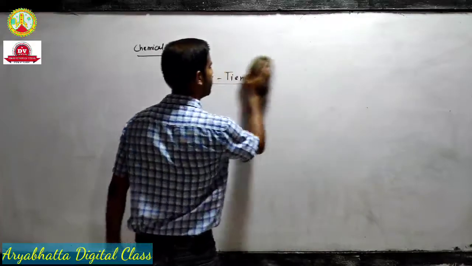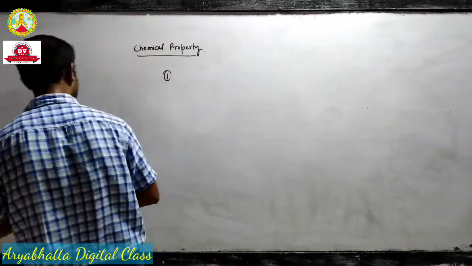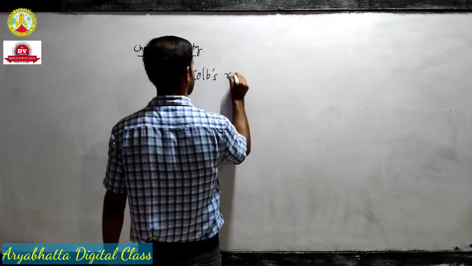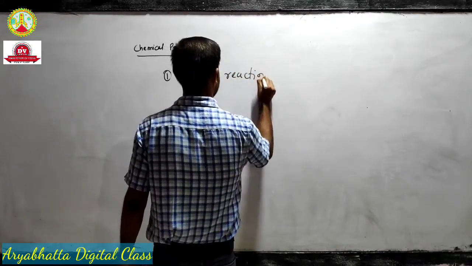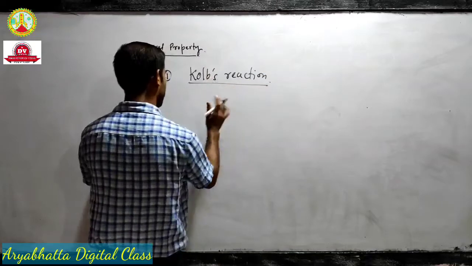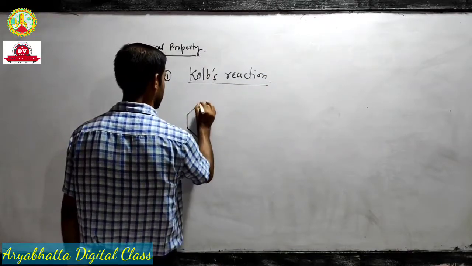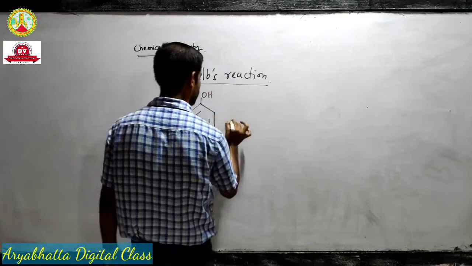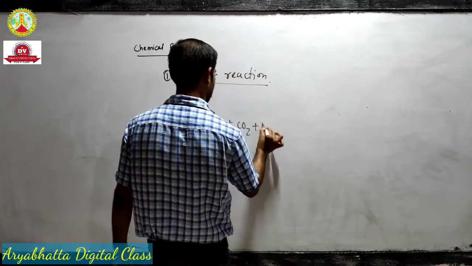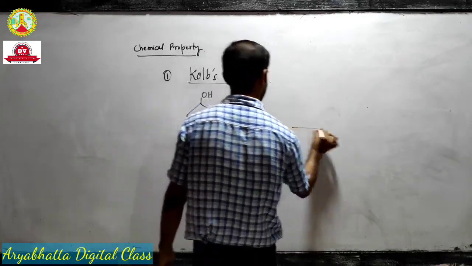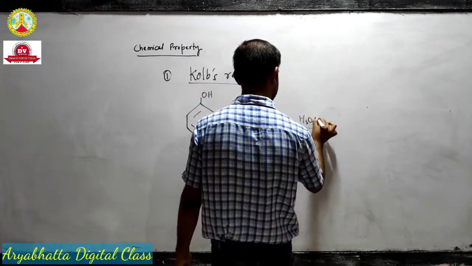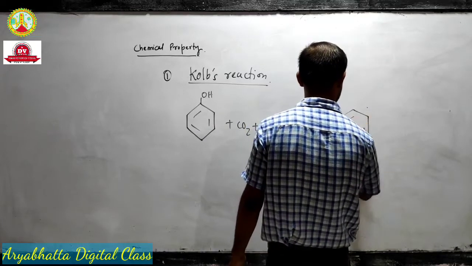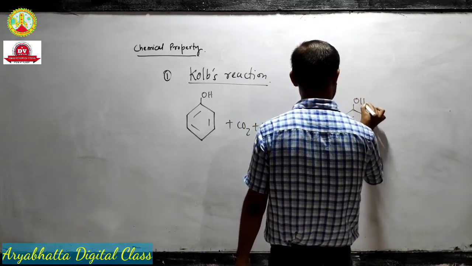There's another named reaction called Kolbe's reaction. Kolbe's reaction, this is another named reaction, and in Kolbe's reaction, phenol reacts with carbon dioxide and sodium hydroxide, followed by acid hydrolysis, and it produces hydroxybenzoic acid.